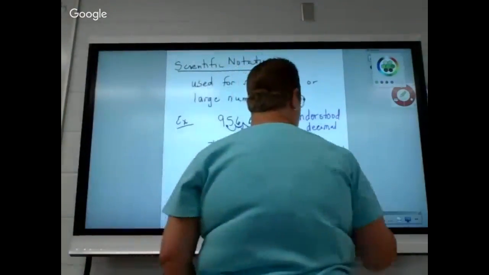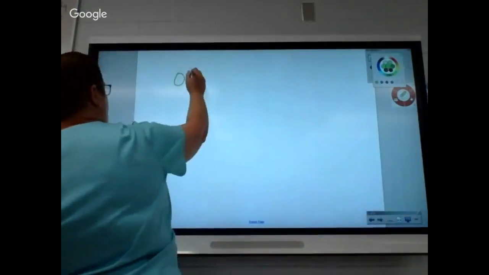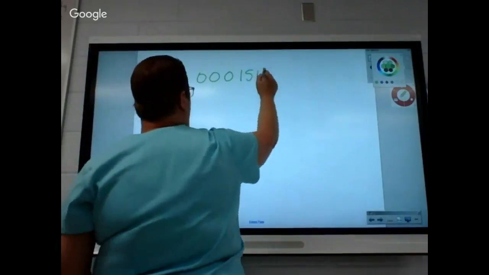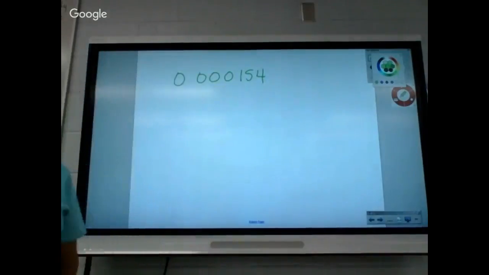So let's say that we have 0.000154, which is similar to another number we had in the homework. All right. This is a small number. This would be another one we would want to put in scientific notation. I'm not saying you have to put all of your answers in scientific notation, but those that are really small or really large should be put in scientific notation.